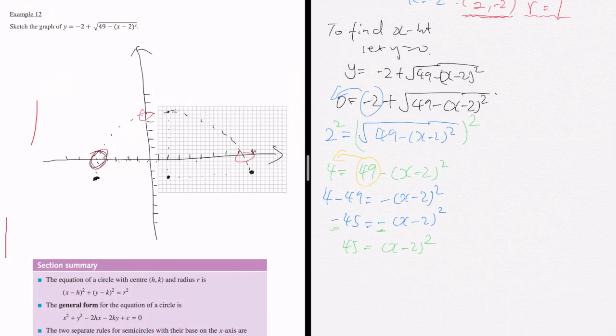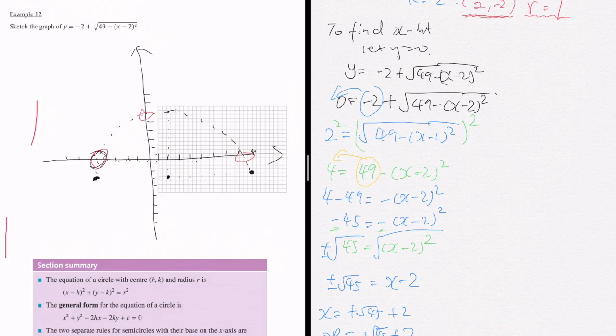Now use the square root to cancel out your square, and then you will have positive or negative. So positive or negative square root of 45 equals, on my right hand side, the square root cancels out the square, so x minus 2. So now your x will be equal to positive square root of 45 plus 2, or negative square root of 45 plus 2.